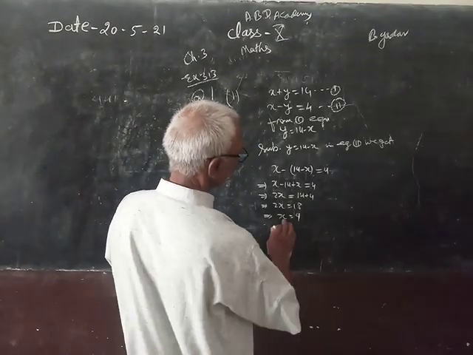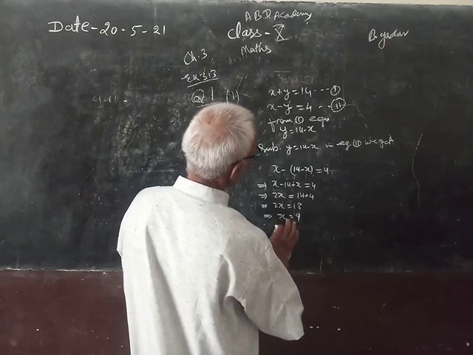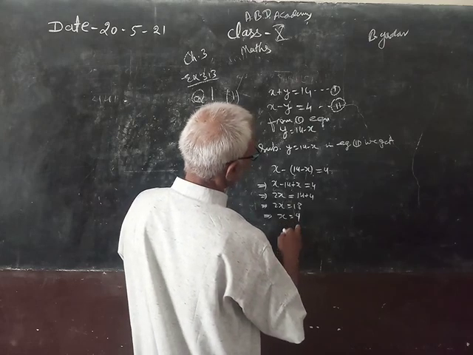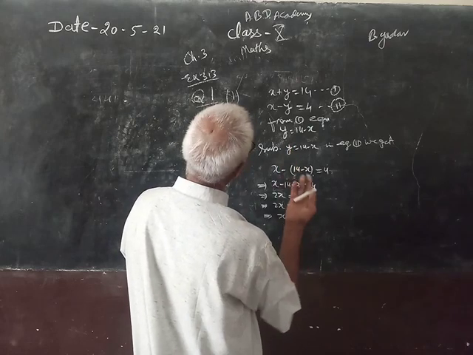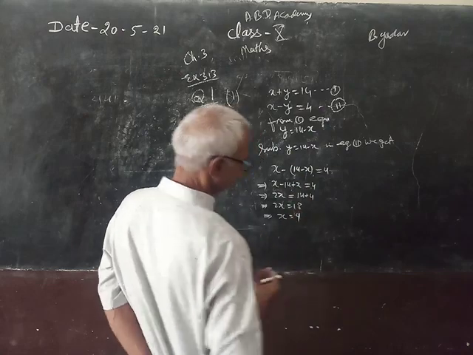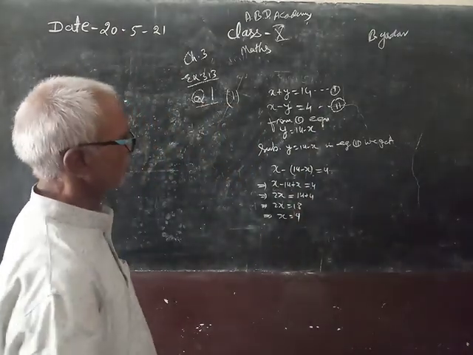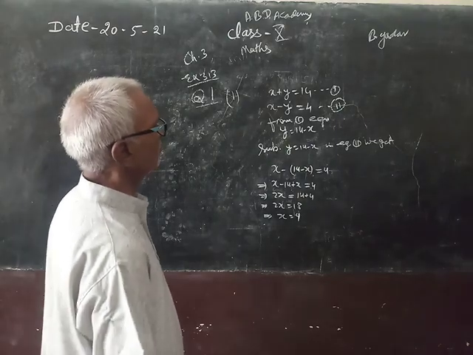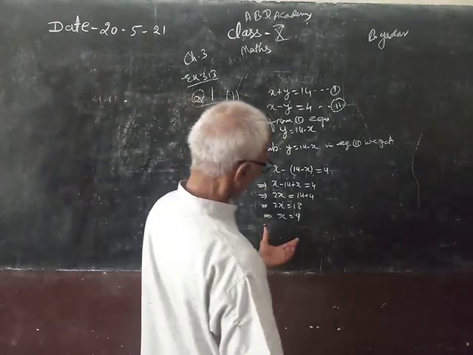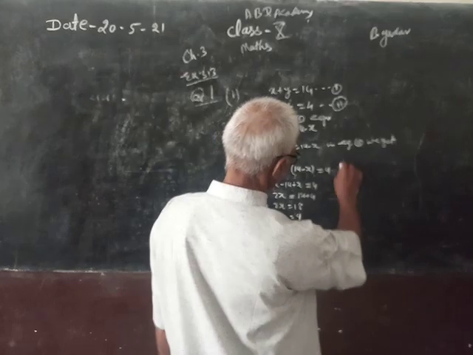So x comes 9 here, then by substituting the value of x in 1 or 2 as you like, the value of y will also come.